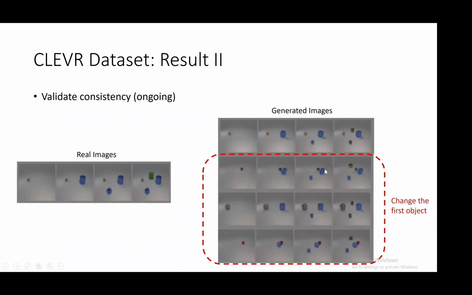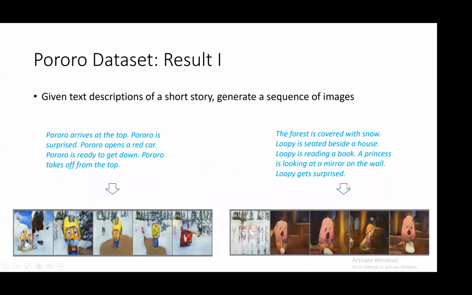This example shows some coherence of the generated images. Our model can make coherent generations frame by frame. Also, we have the Pororo dataset, which is a more realistic dataset using cartoon images and also some paragraphs.